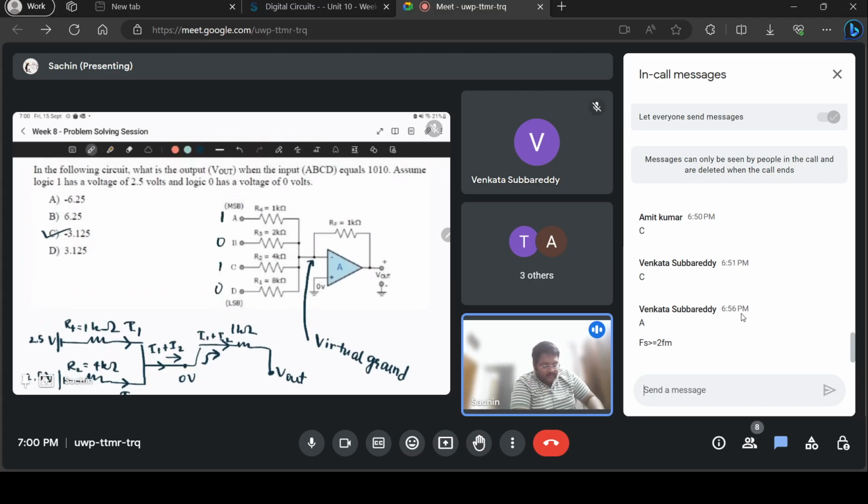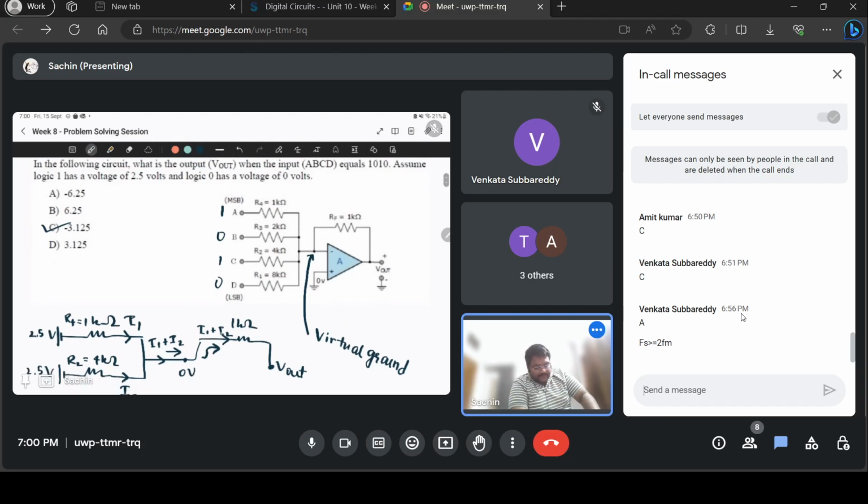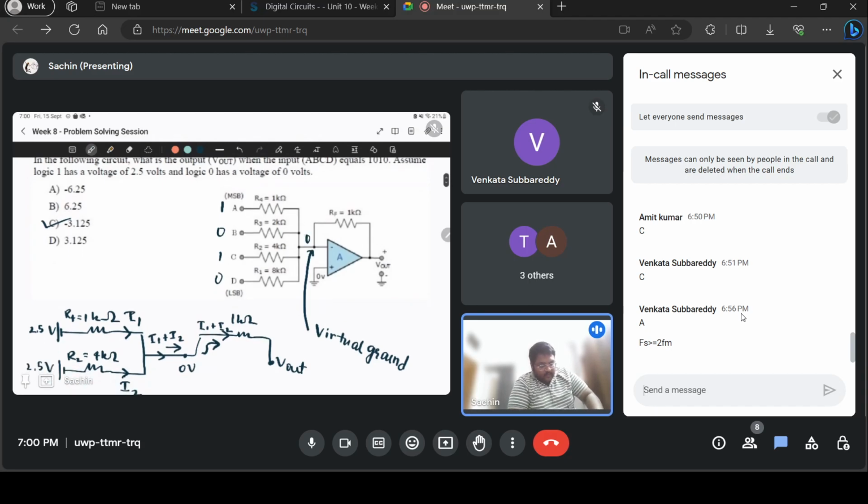they're given ABCD is 1010, so A and C are both at 2.5 volts, B and D are 0 volts, and this is also at 0 volts. So when both ends of the resistor are connected to 0 volts, there's no current, there's no voltage drop, there's nothing. You can ignore those resistors. And this one is actually 2.5 volts. They've given that.